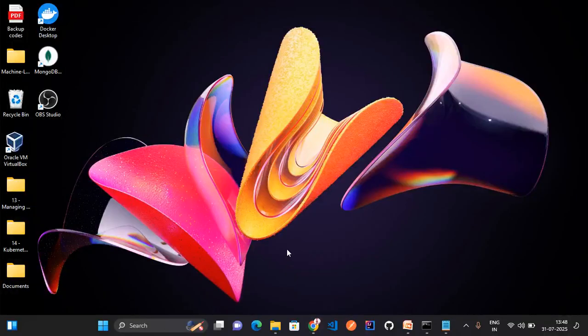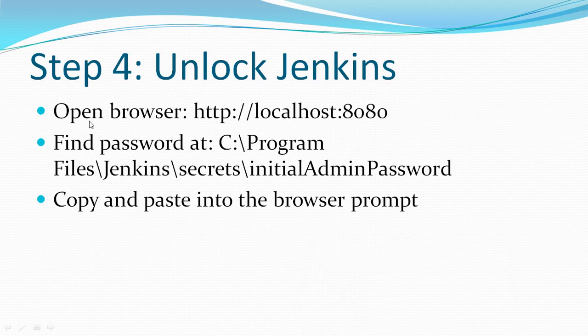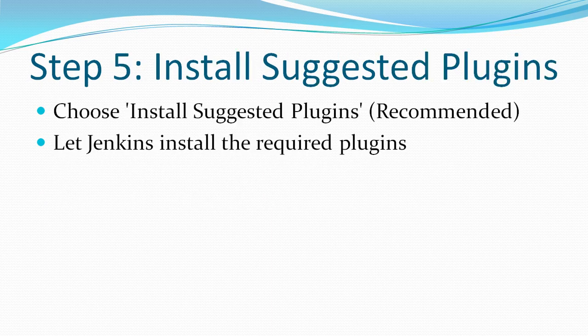So going to our document, which is the prepare step, this step I have already done and you can see the Jenkins dashboard. Now going to another step: this is the install suggested plugins, which I have just done.